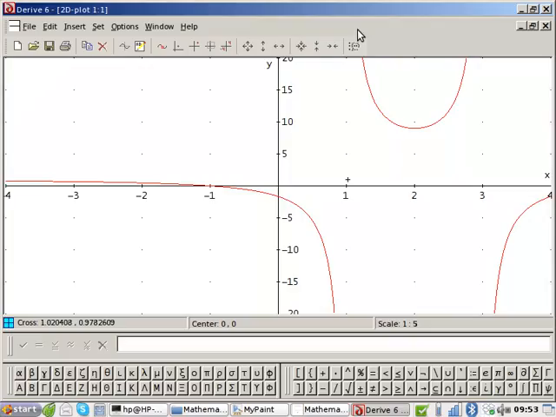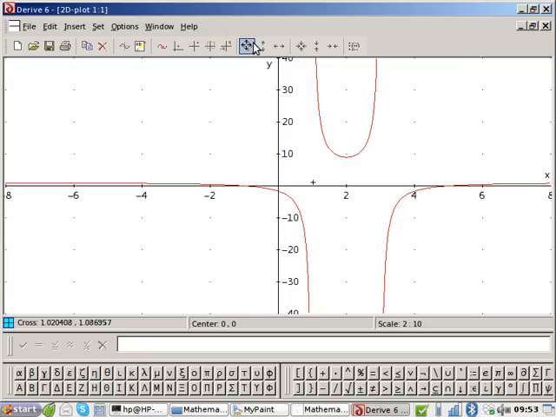Can you zoom out? Zoom out, sure. The roots of the numerator are the x coordinates where they cross the x-axis, and the roots of the denominator are where they break vertically.